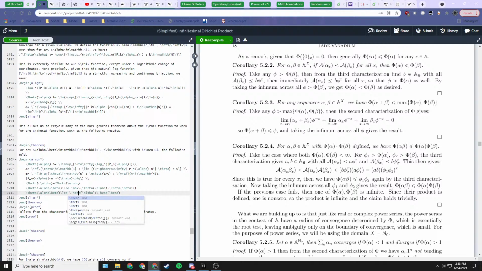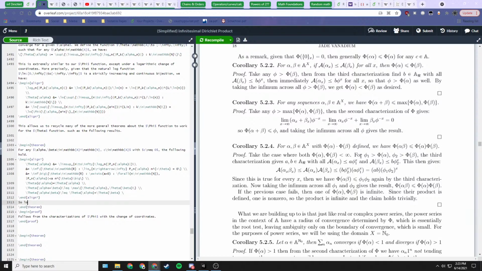The reason it's plus is just because we've taken the log instead of the product. So the reason we're doing sum instead of product is just because we're taking the log of the output. So the theta function takes the log of the output. And that is the only reason why we were doing sum instead of product.